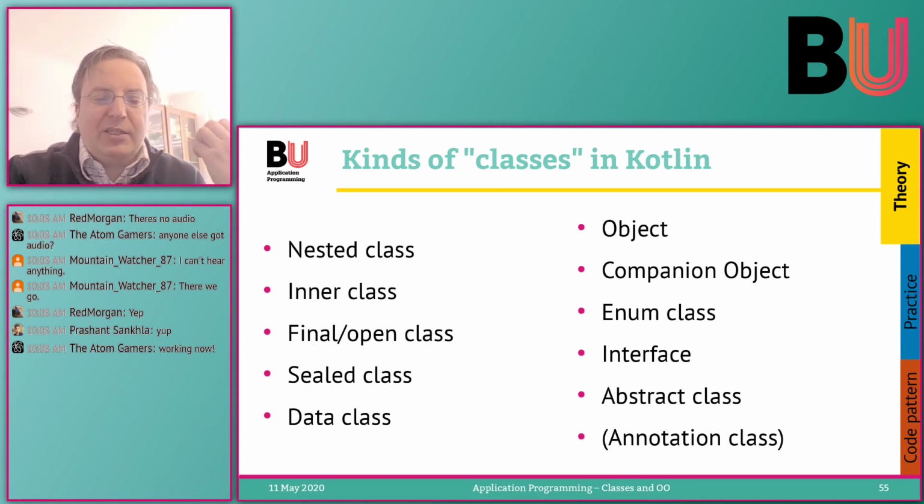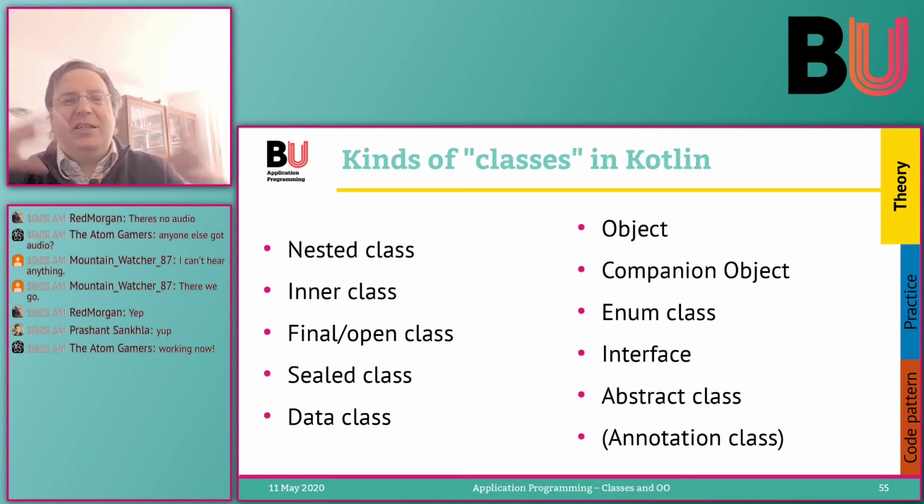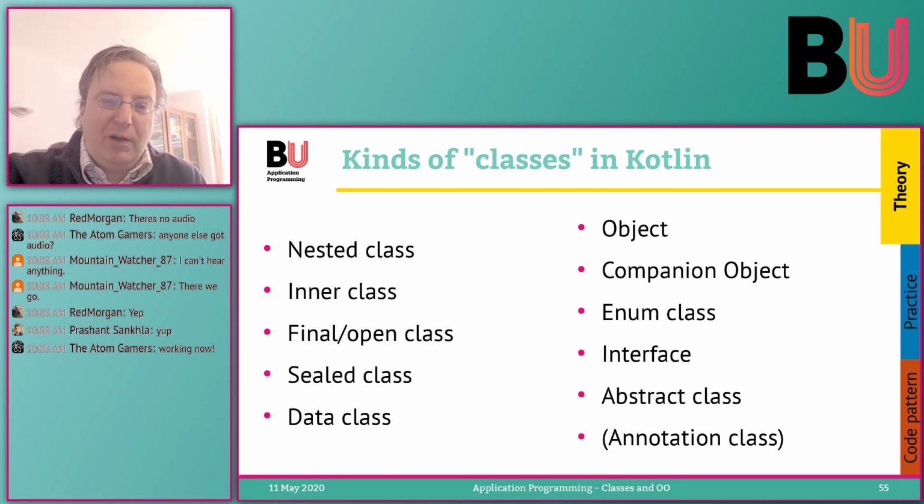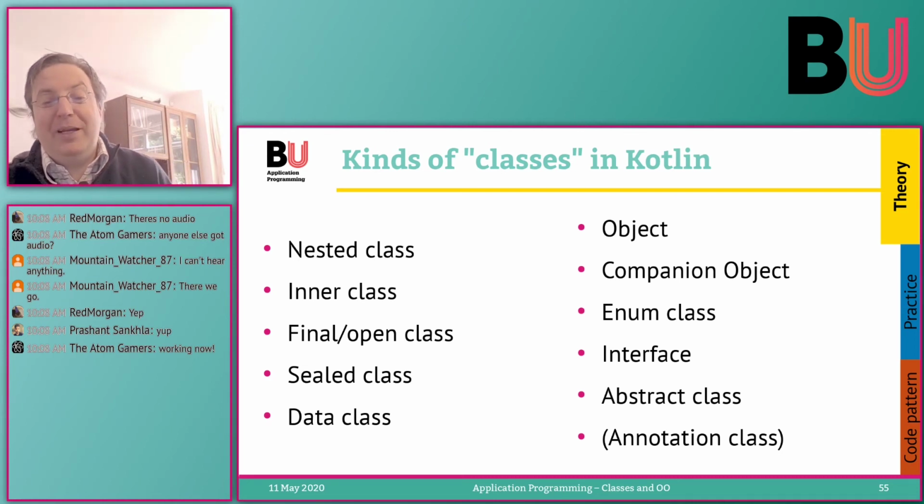Data class, like I said, is a class that by default makes it easy to create data structures basically, and it adds a lot of default methods that you want. You can do it all by hand, but data class makes it nice and concise. You can define a data structure on one single line of code rather than many lines.